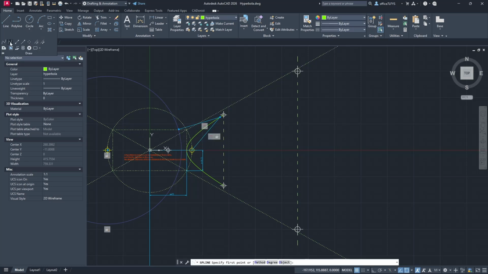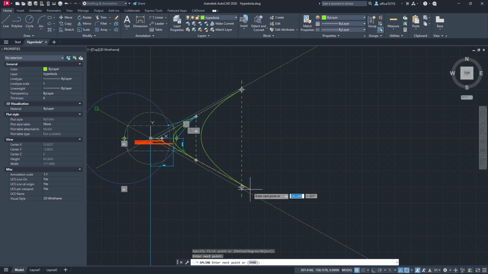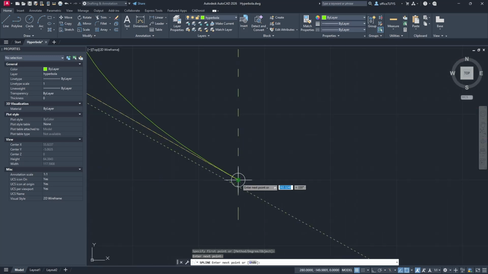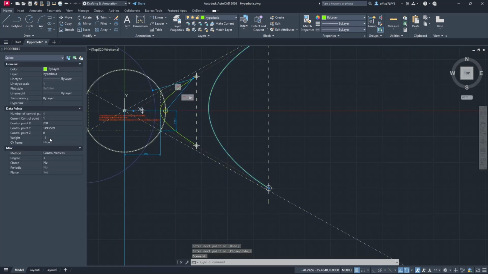And finally, we connect the points with a spline. The line we got is a parabola. To get a hyperbola, we adjust the weight of the second control point to 4.